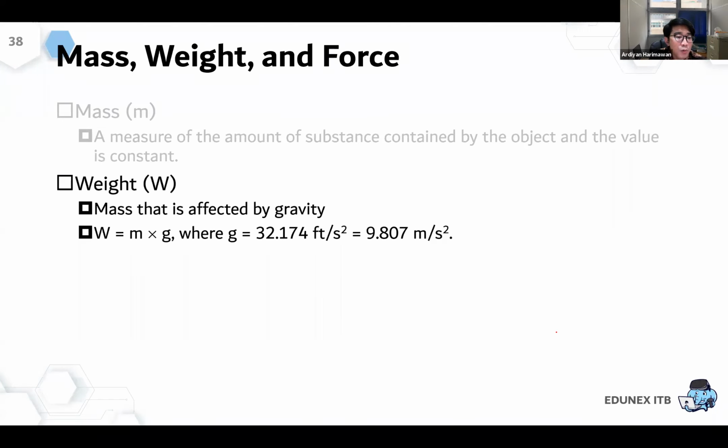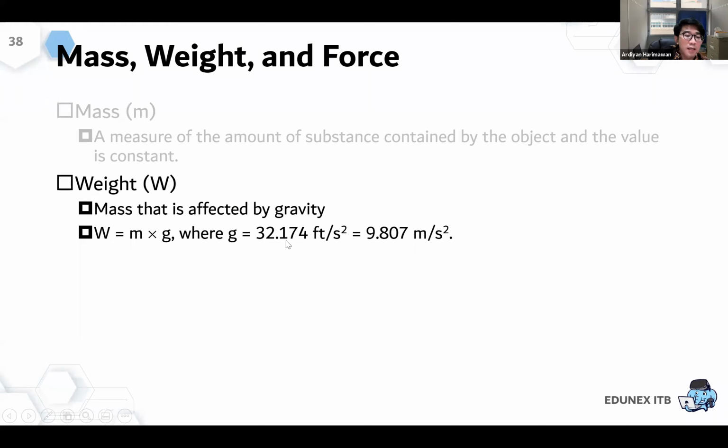And then we have what we call weight. Yang satu adalah massa, yang satu adalah berat. In Indonesian, maybe we use them interchangeably. The unit will be kilogram, but actually berat or weight is mass that is also affected by gravity. I mean this is the term we use to quantify the mass by including the gravity factor.